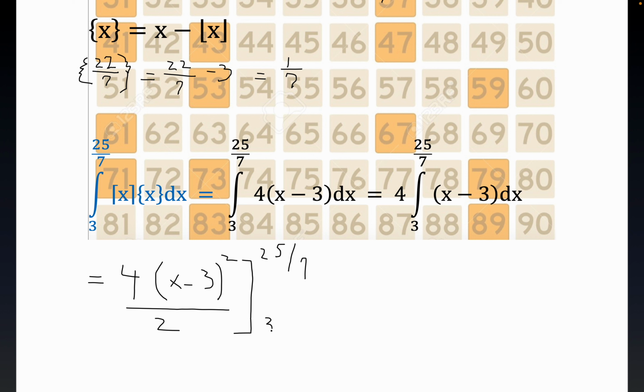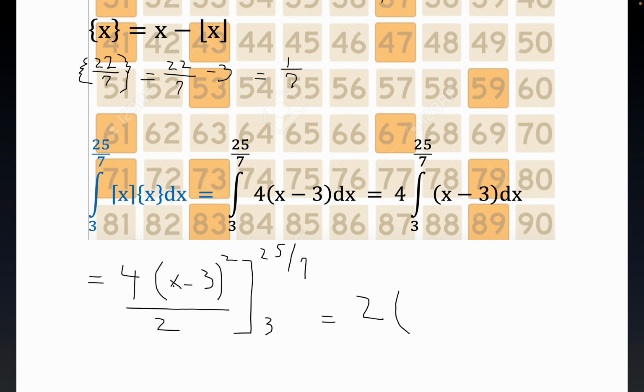So what do we get here, folks? Now, 4 over 2 is just 2, so we can write down this 2 times. I'm going to just do it here, because when you substitute 3 in here, you get 0, and when you substitute 25 over 7 in here, you get 4 over 7.